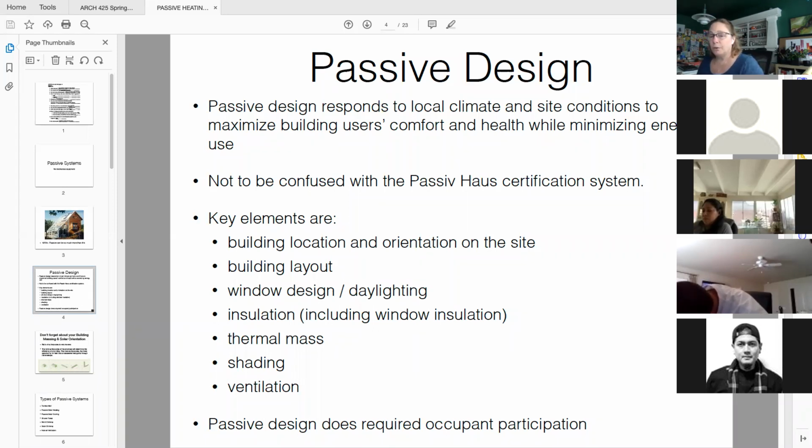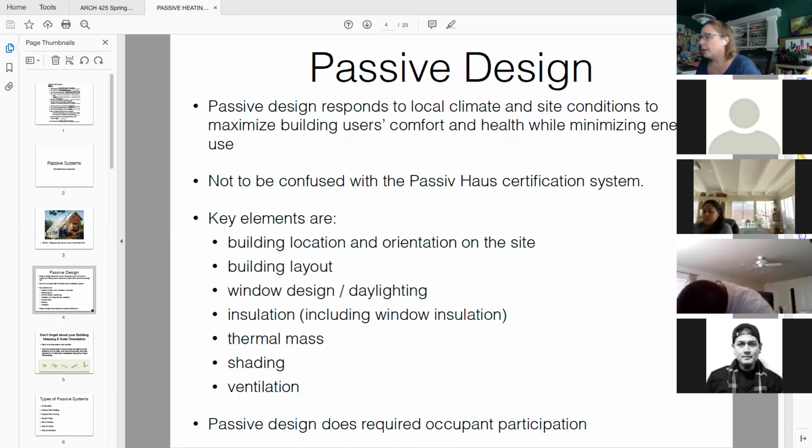It works very well in northern climates to really keep the heating load down. But if people are talking about passive house, they should be referring to that certification system. If they're just talking about passive solar or passive design, that is just the design approach to adding heating or cooling to your design without any mechanical equipment.